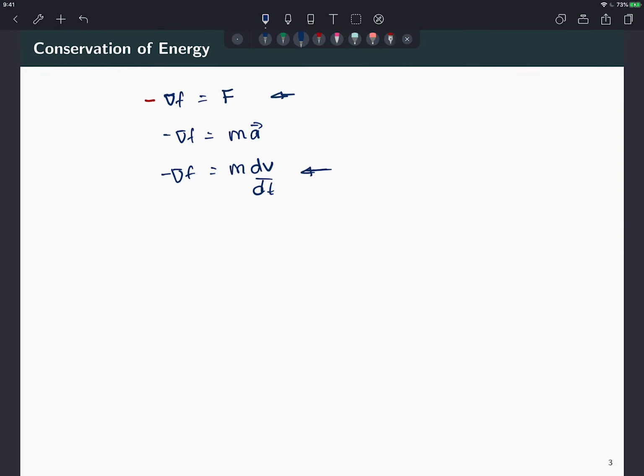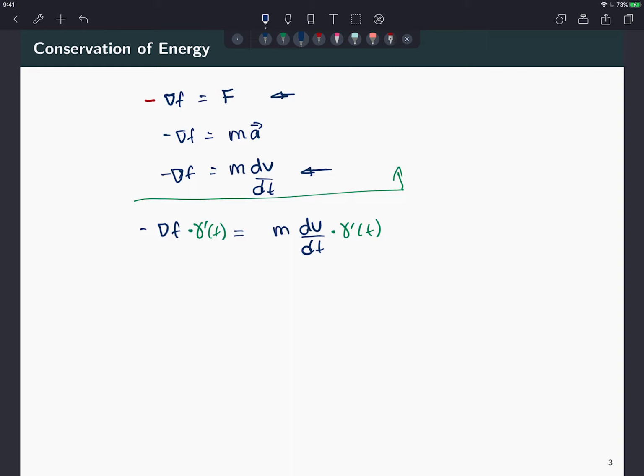Now the next step is a little bit out of the box. I'm going to write the negative gradient of f equals m dv dt, and I'm going to do something weird here. I'm going to take the dot product of both sides with gamma prime. Of course this is equal if I take the dot product with gamma prime at each point. Why am I doing that?